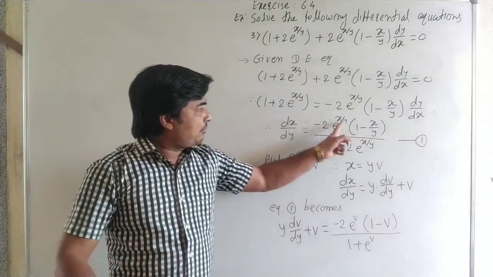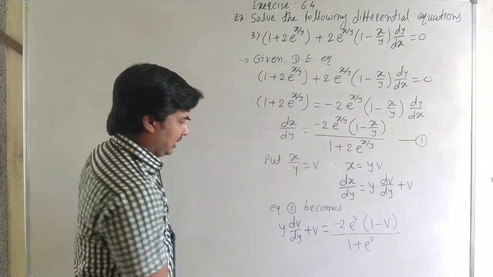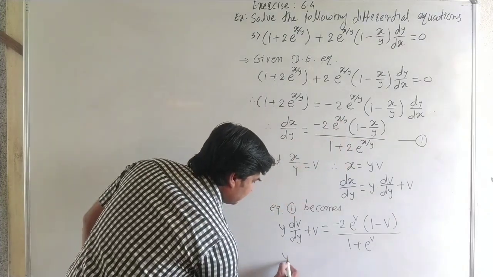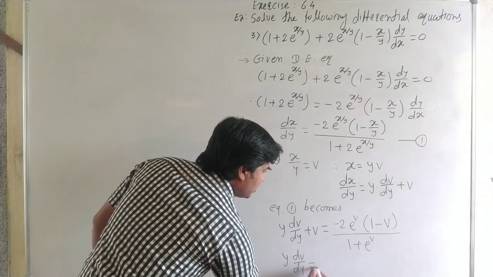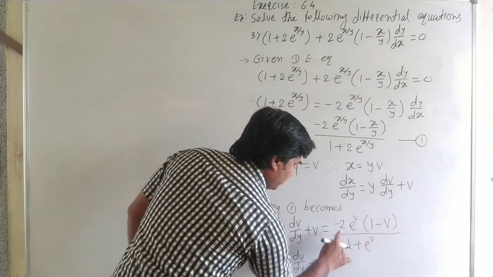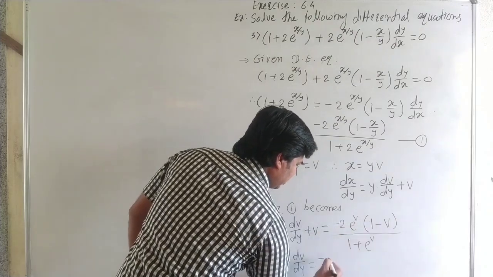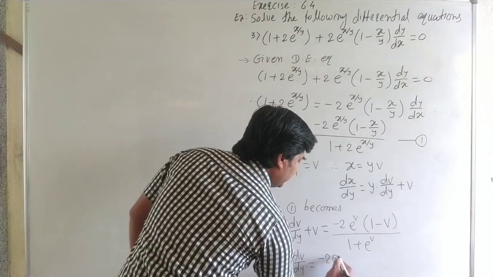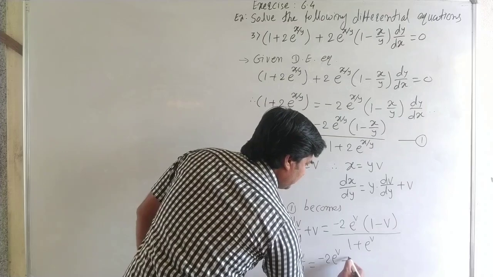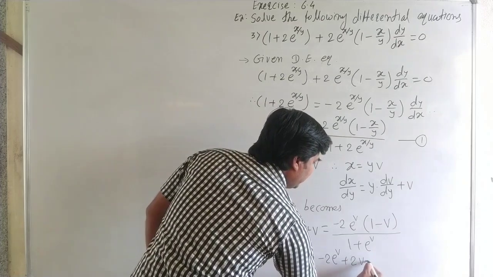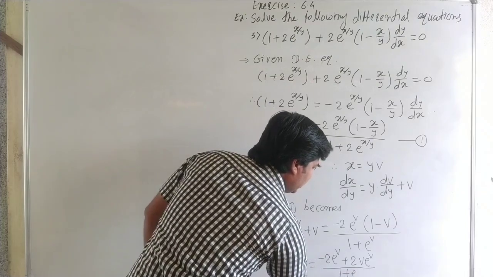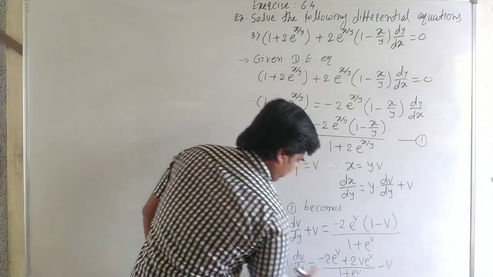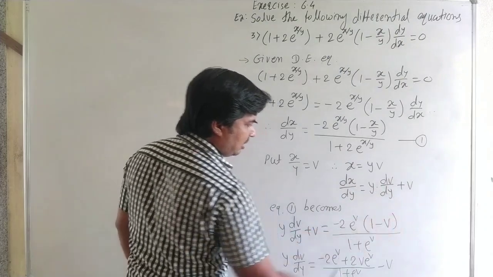Here x by y replaced by v, then it is y dv by dy is equal to, here minus 2 e raised to v plus 2 v into e raised to v upon 1 plus e raised to v minus v. This v plus v we can write in the minus.